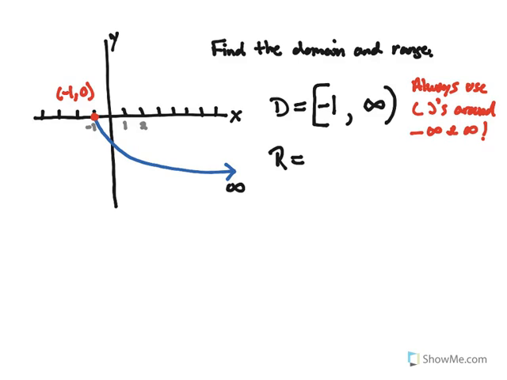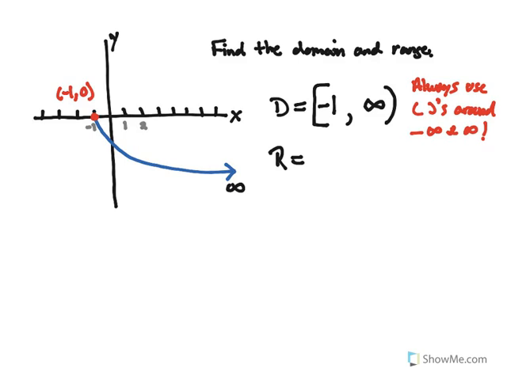The y value, whoops, sorry about that. The y value, the most you can put for y value, the graph does not go above the y-axis at 0, okay? So you have to think visually here.